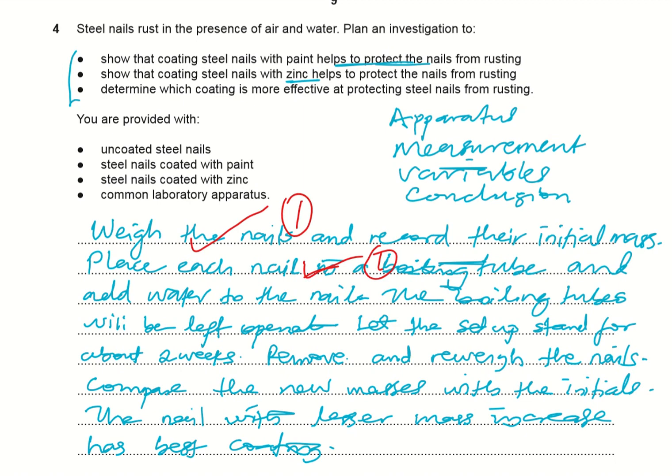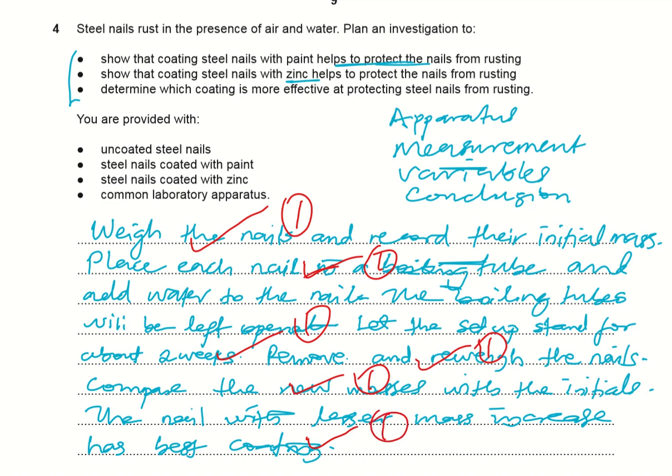Letting the setup stand for a week or two talks about the time frame for the experiment. Removing and reweighing, that's another mark. Comparing, that's another mark. And of course your conclusion. That gives you your 6 marks.